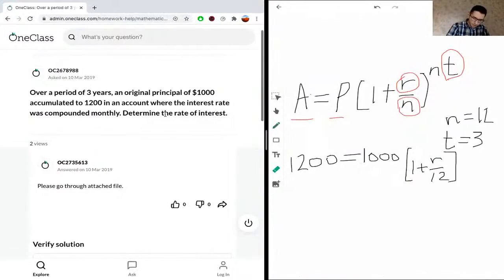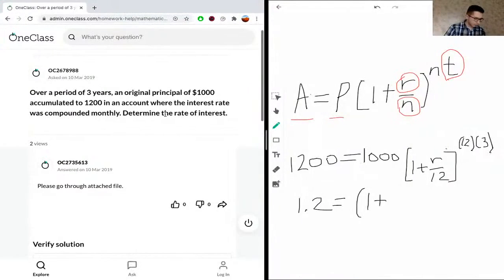Just keep in mind N equals 12, T equals 3, so it's to the power of 12 times 3. We'll divide both sides by 1,000, so we get 1.2 is equal to (1 plus R over 12) to the power of 12 times 3, and 12 times 3 is 36.